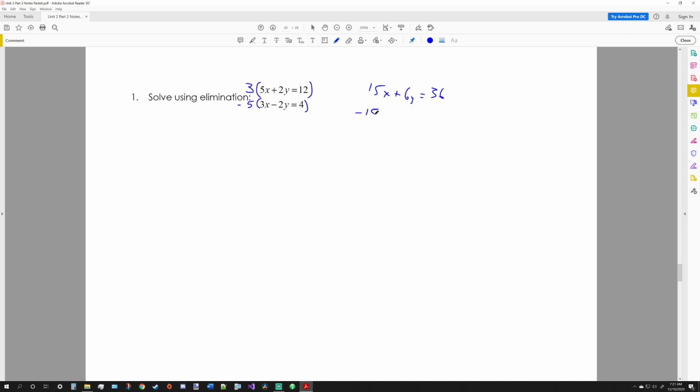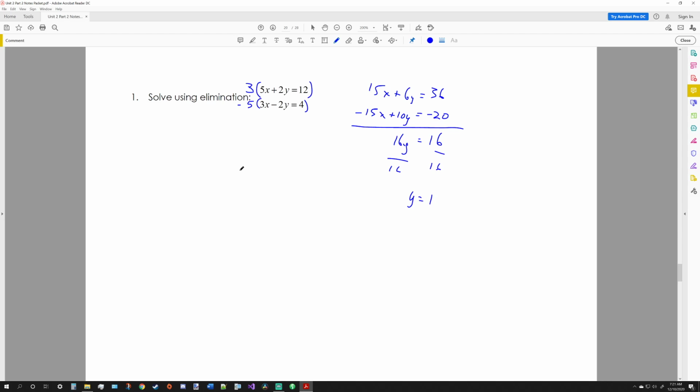And then negative 15x plus 10y, careful with the negative times negative there, equals negative 20. And then combine them. So that's eliminated. 15x minus 15x is gone. 6y and positive 10y makes 16y positive. 36 and a negative 20 would make a positive 16. So 16y equals 16, divide by 16, and y equals 1.